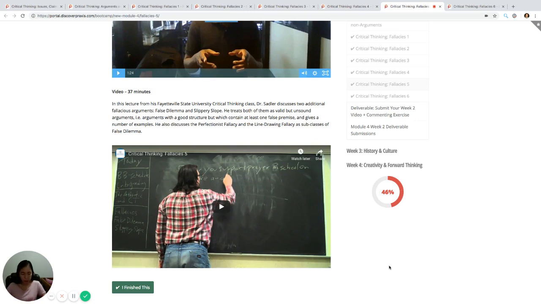Now, a slippery slope, it starts off with one small step and then ends in total catastrophe. The basic structure of the argument goes like this. If A happens, then B will happen, and then C, and then D, and then it'll be a complete mess at the end. So, I remember as a kid, during 4th, 5th grade, on to like middle school, there was this program called DARE.